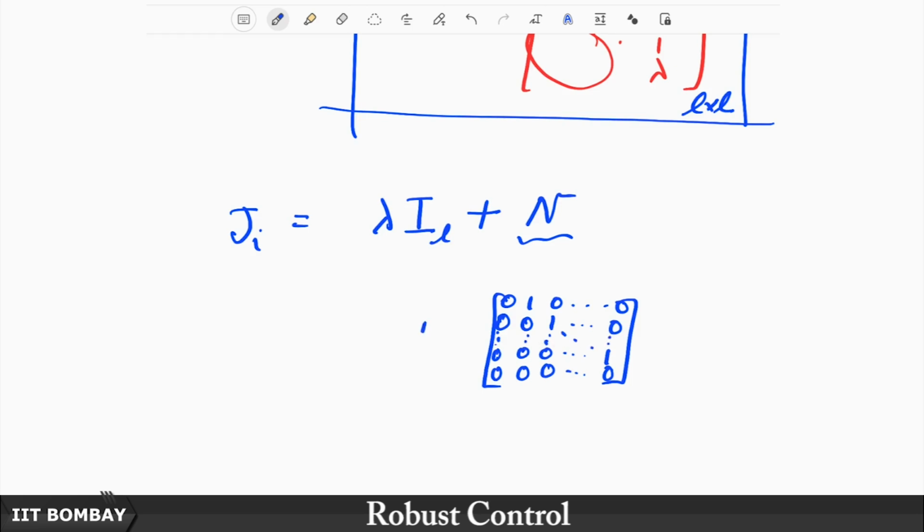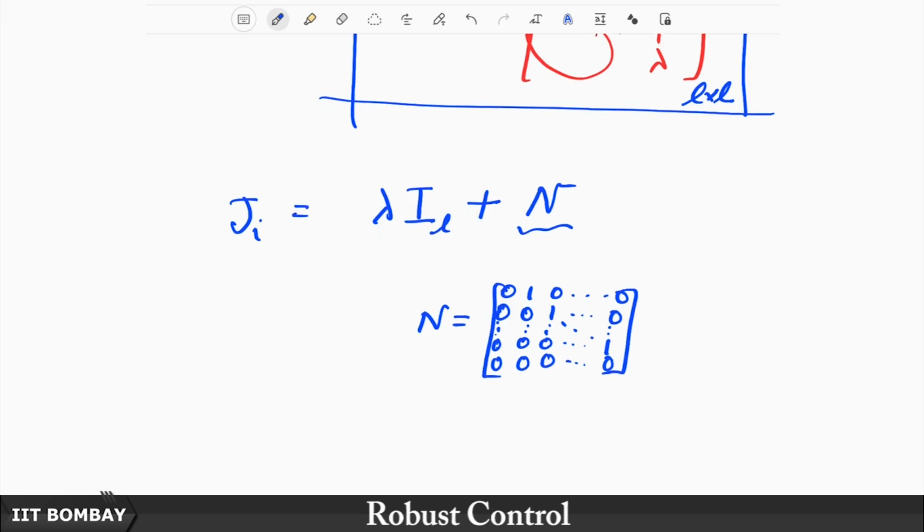So, this is what this matrix N looks like. Remember, it has zeros everywhere except on the first super diagonal. Super diagonal means the one just above the diagonal, and the entries on the super diagonal are all unity. What is the feature of this N?